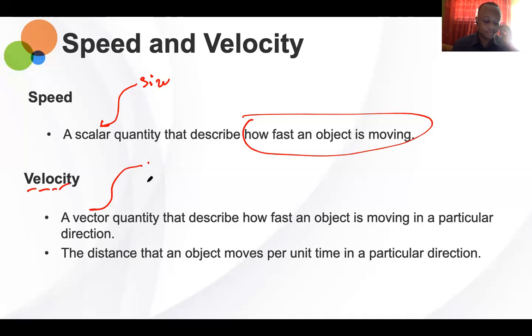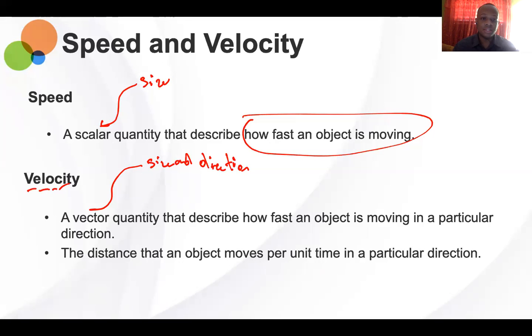Size and direction. So we would say something like the velocity of that car is 10 meters per second north or 10 meters per second west. While for speed or average speed, the person traveled just 10 meters at 10 meters per second. We'll see more of this as we go along.